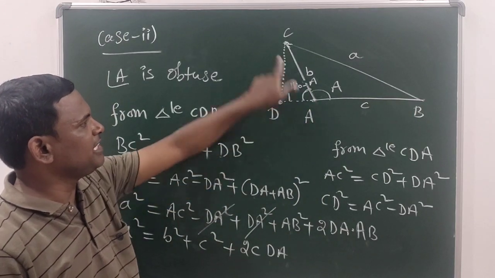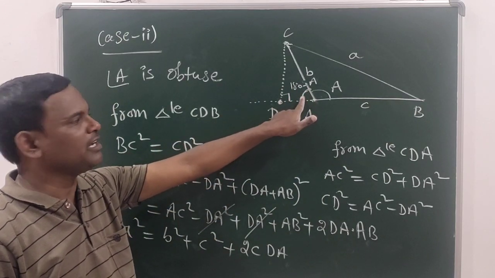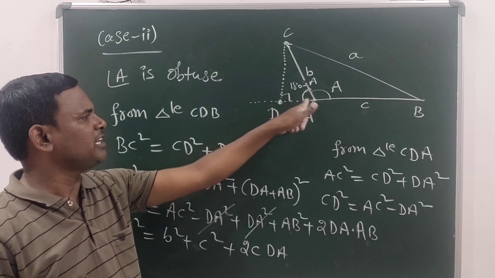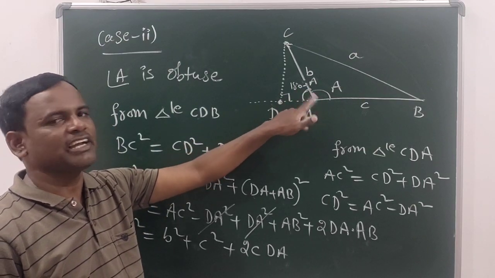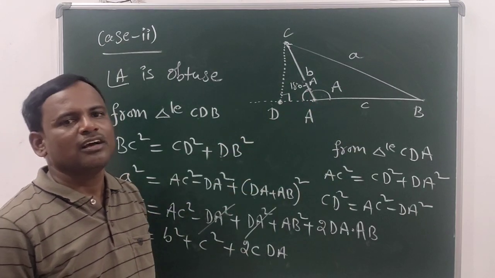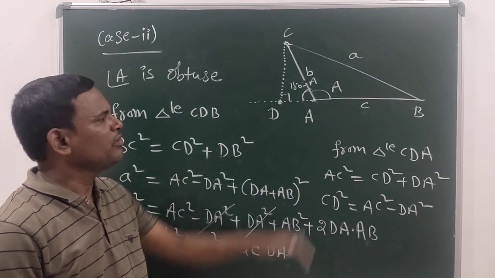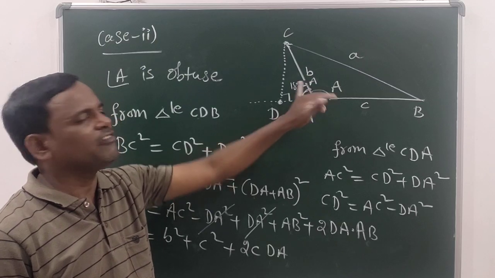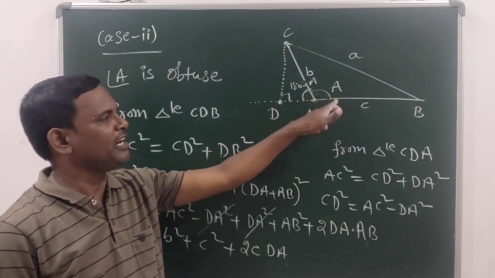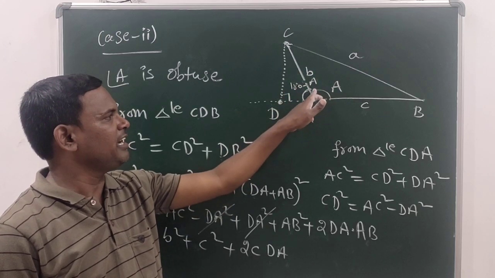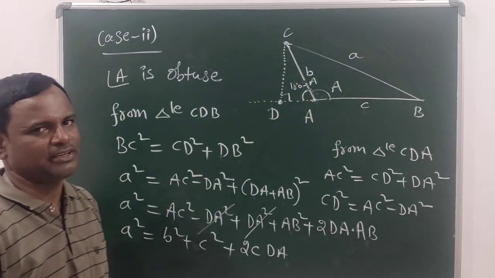In triangle ADC, this angle and this angle, whose sum becomes 180. The sum of two adjacent angles being 180, that pair is known as a linear pair, no? If it is A, then this will be 180 minus A. Now add both angles, minus A plus A cancel, 180 you are getting.